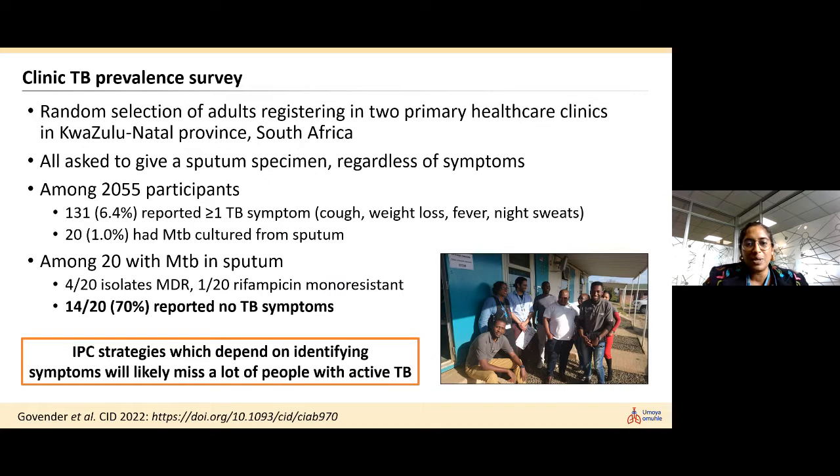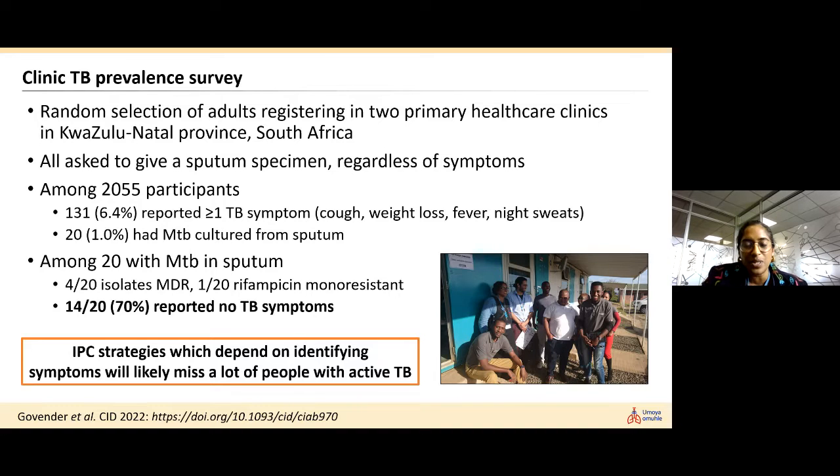So our clinic TB prevalence survey was a random selection of adults registering at 2 primary healthcare clinics in KwaZulu-Natal, and all the participants were asked to give a sputum specimen regardless of symptoms. Among the 2,055 participants that we enrolled, 131 reported having 1 or more TB symptoms, and 20 of these participants had TB cultured in their sputum.